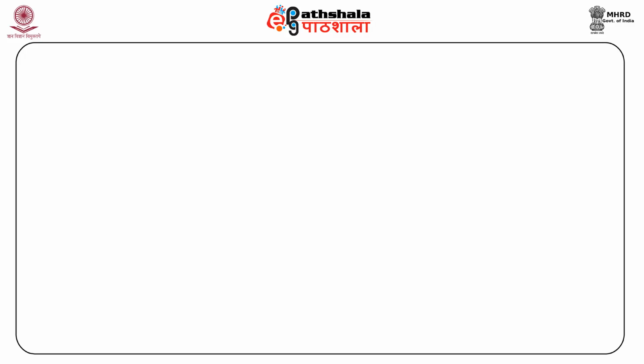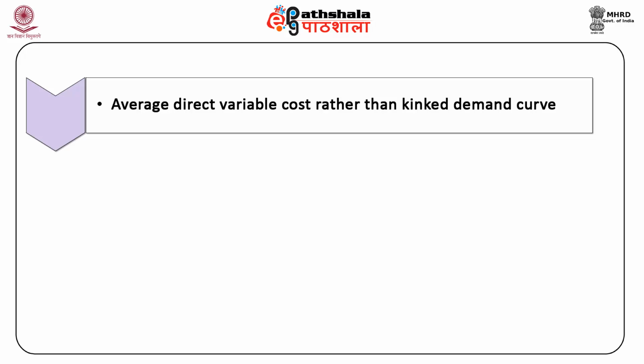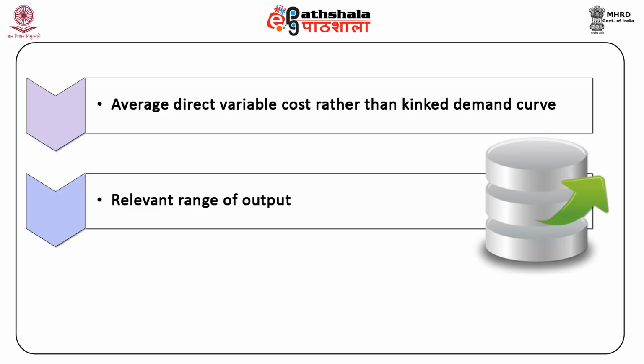Andrews used the concept of average direct variable cost rather than the kinked demand curve as used by Hall and Hitch.